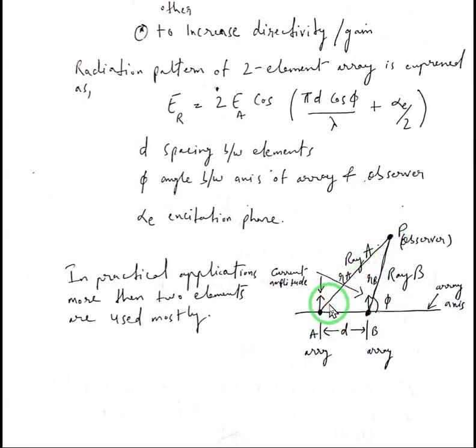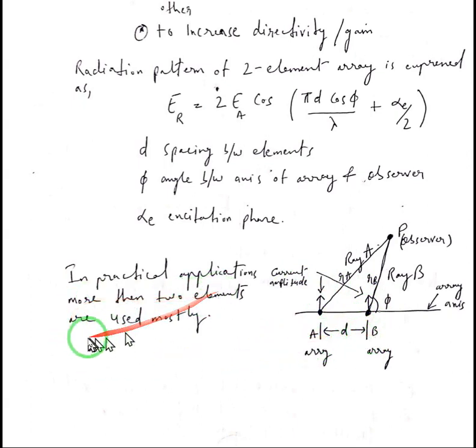The line from A to the observer is called ray A, and the line between element B and the observer is called ray B. The angle with the horizontal axis is called phi, and the arrows going upward are called the current amplitudes. D is the distance between the array elements.